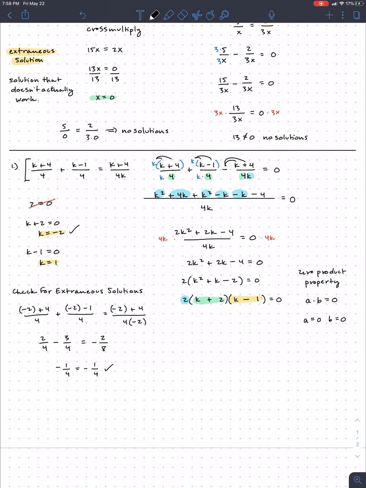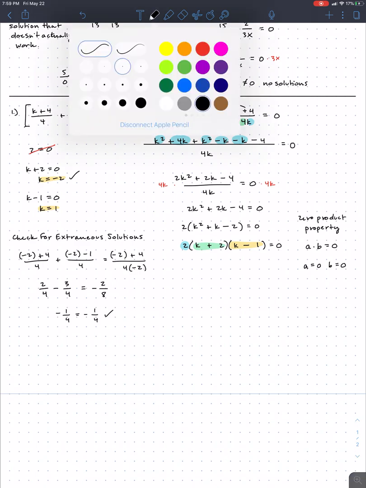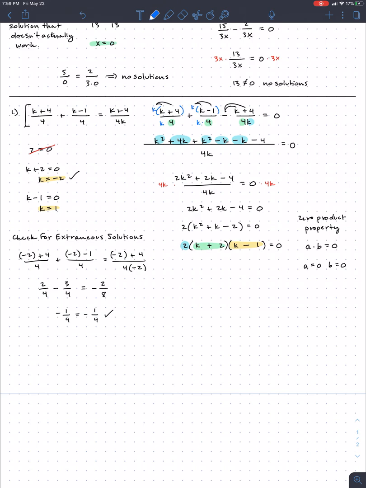All right. And then I need to check when k equals 1. So I'm going to do a different color here, and we're going to do 1 plus 4 over 4 plus 1 minus 1 over 4 is equal to 1 plus 4 over 4 times 1.